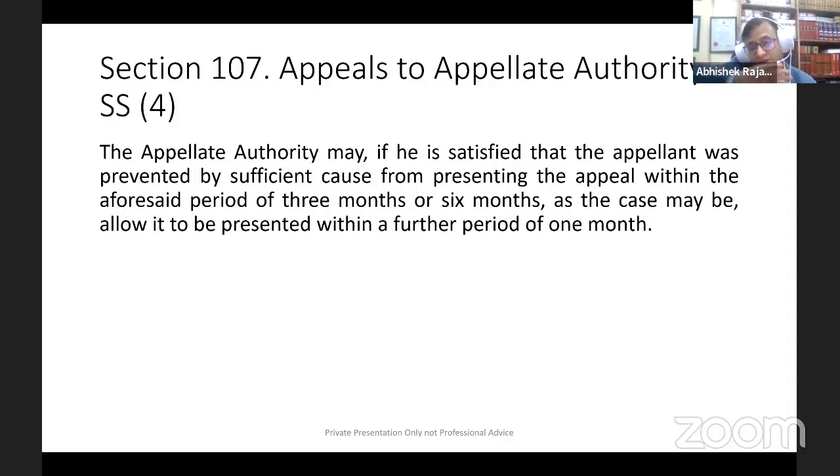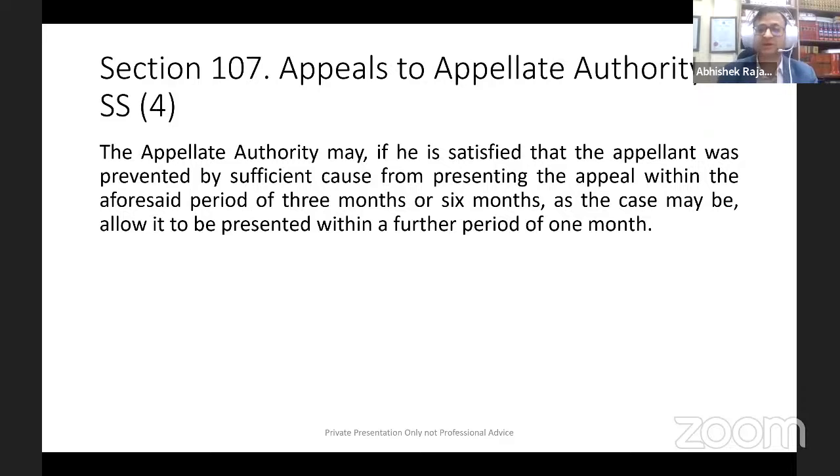So this is a very extreme case, but as interest is always compensatory in nature, if you are filing an appeal for a high amount, it is always recommended that you pay interest on that, so that tomorrow the department does not take the view that pre-deposit was not made within 3 months. That is for the extreme cases which I am saying, if the amount is substantial.